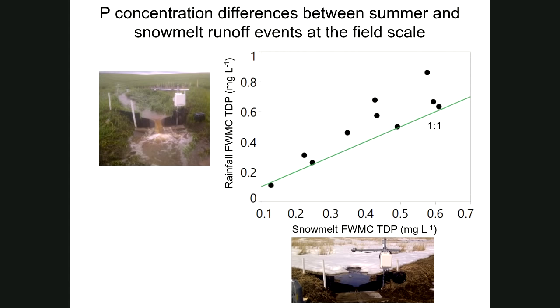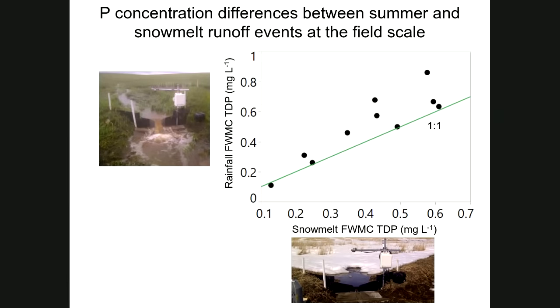So getting back to the question of whether seasonal differences in phosphorus source are likely for these cropland sites, I'll quickly mention that phosphorus near the soil surface is also the best predicted concentration for rainfall runoff events, although those are more rare, so we see that with a smaller data set. What I'm showing here, because we know that relationship is there, is just a plot of average snowmelt concentration against average rainfall runoff flow-weighted mean concentrations that were observed at our Manitoba study sites.